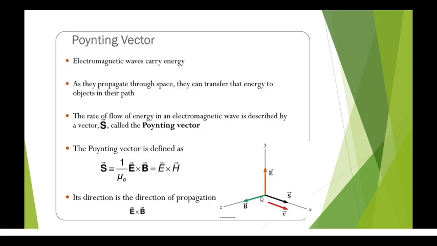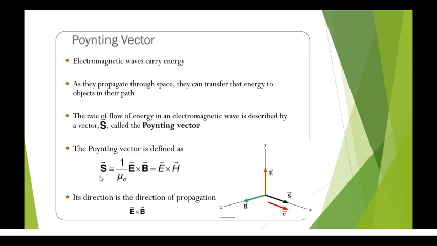So electric field and magnetic field are perpendicular to the direction of propagation of the wave, and the wave is moving with a velocity c, and the energy transferred by that wave is represented by the Poynting vector S, given by 1 by μ0 into E cross B, where B by μ0 is known as H. So you can rewrite the equation as E cross H.